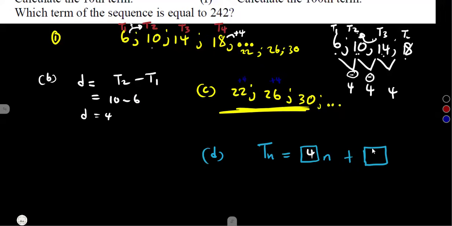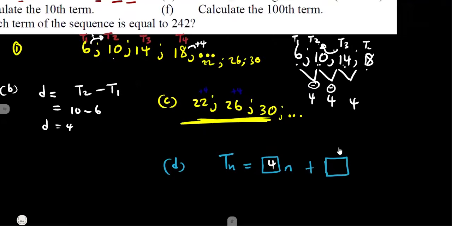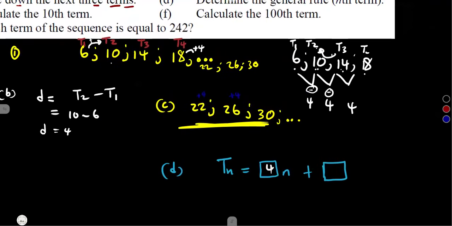So we are supposed to ask ourselves, what must be added here to give the term in position? Let's start with T1. T1 is equal to 6. Meaning n is 1, the first position. What must be added to give us the term in that position?